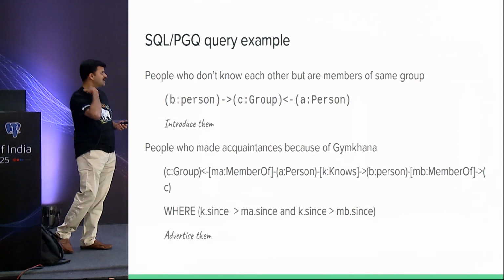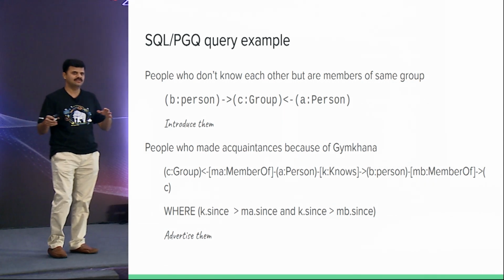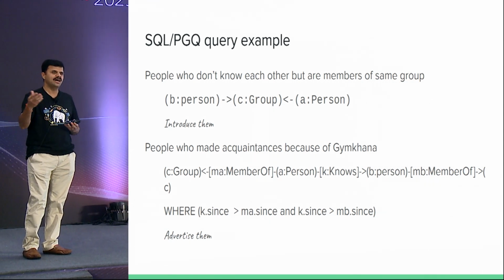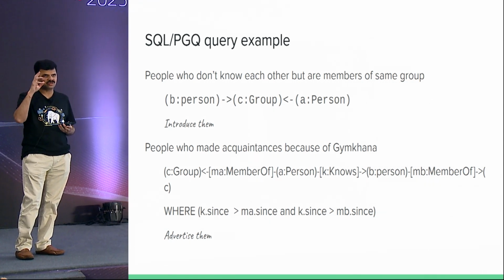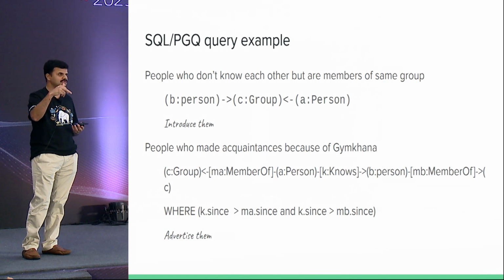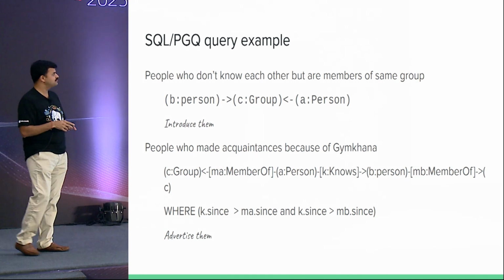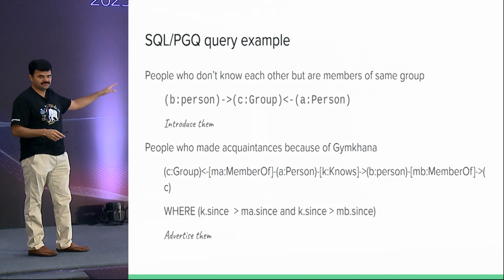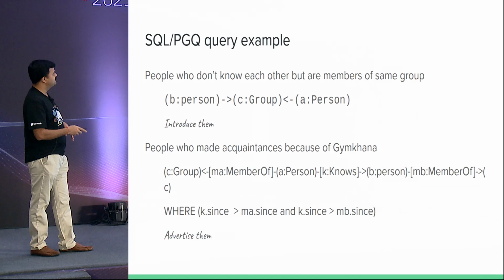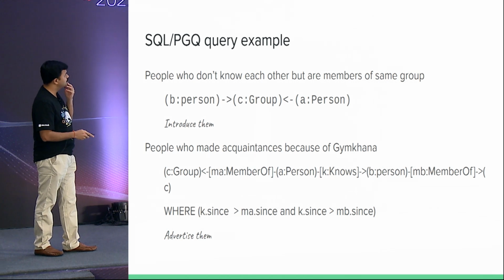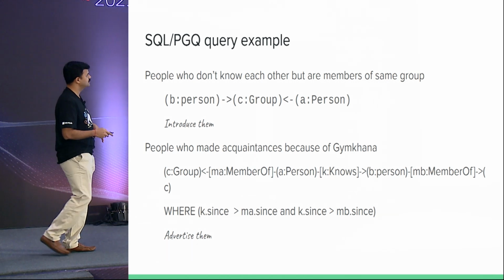Now, once we have established this mapping of the four tables that we saw in the first figure, person, group, knows, and member of, once we map them to the graph, it becomes easy to query them.